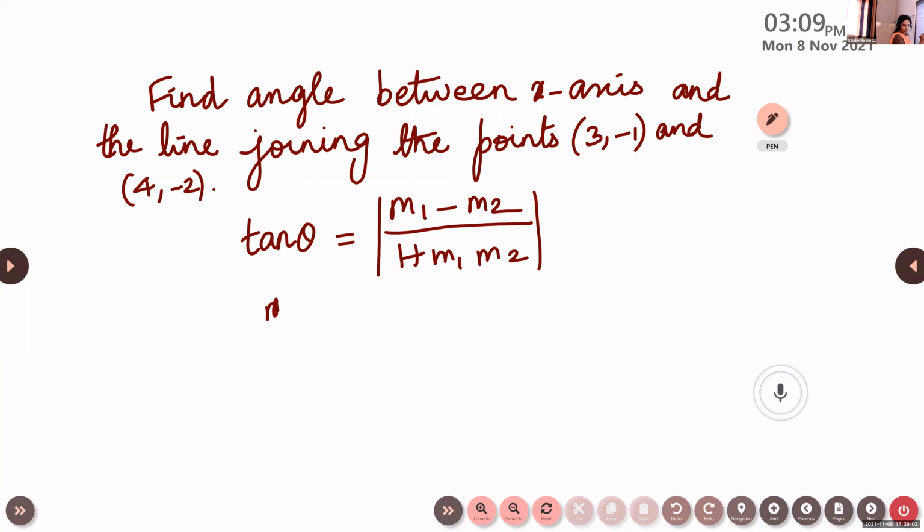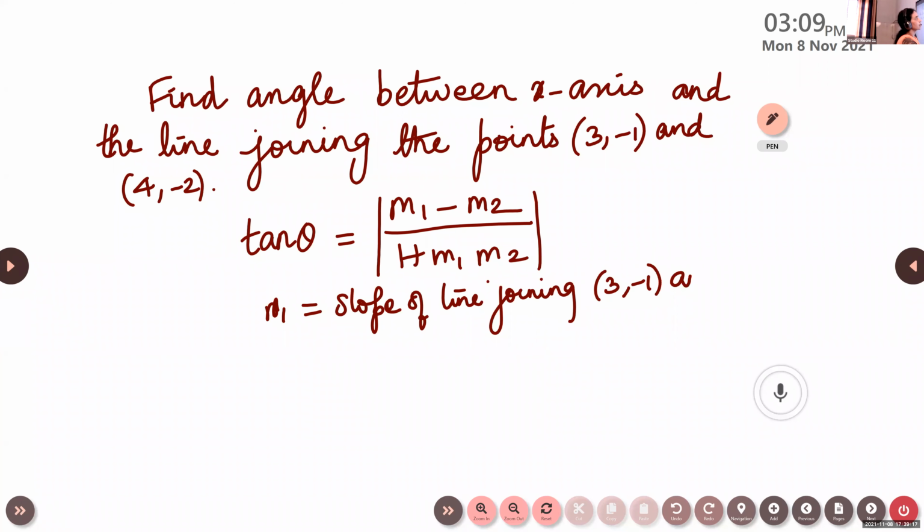Now let us take m1 as the slope of the line joining the points (3, -1) and (4, -2).